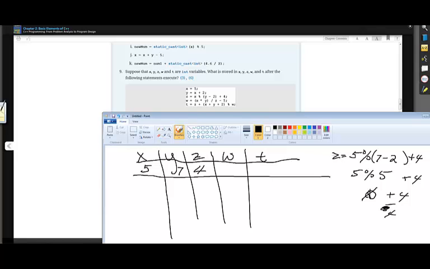This is Z. Take a look at W. W is saying, I want you to do X times Y. X times Y is 5 times 7. Here's W equal. And divide that all by Z, which is what? 4 minus 5.